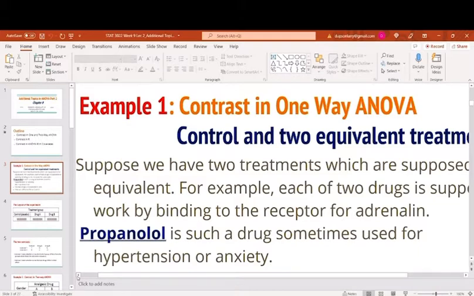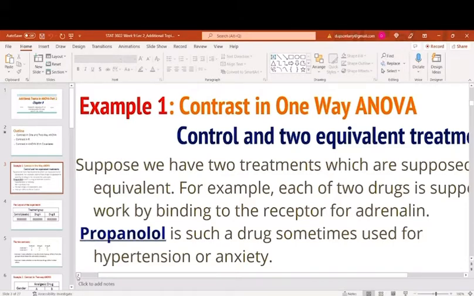When we talk about contrast, even before we go into the experiment, even before we conduct analysis of variance tests, we have prior knowledge of the hypothesis that we want to test. Maybe before we go into the experiment, we want to conduct a statistical hypothesis test between certain treatment combinations, even before we conduct analysis of variance at all.